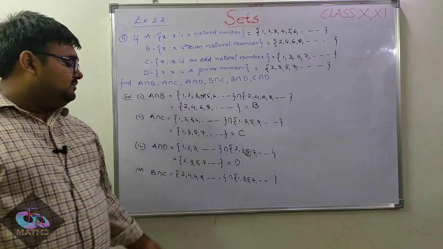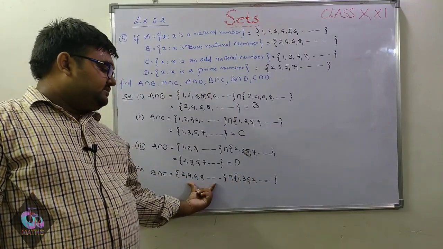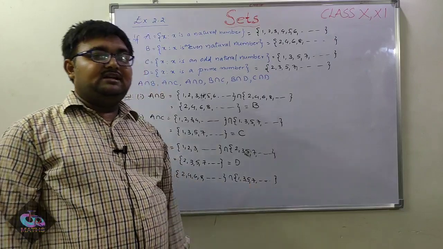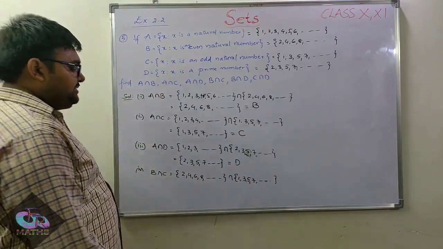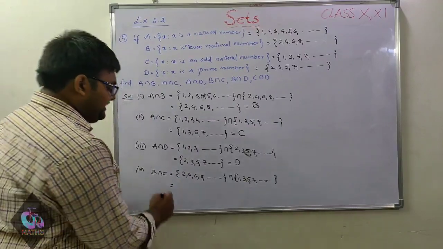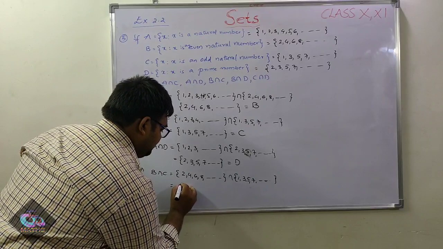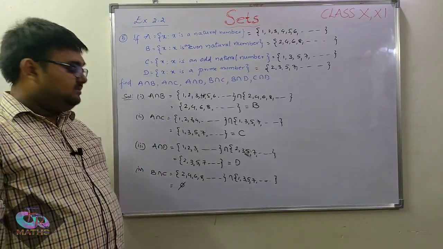So these all are even numbers, and these all are odd natural numbers. Will there be any common part for these two? There won't be any common elements, right? So from this I can say there are no common elements for these two sets B intersection C.